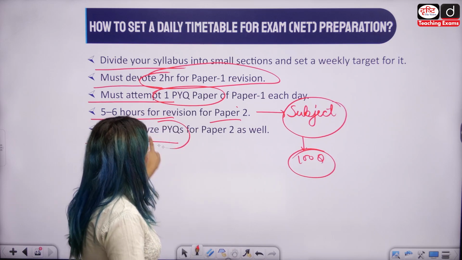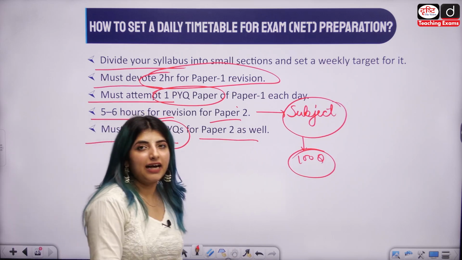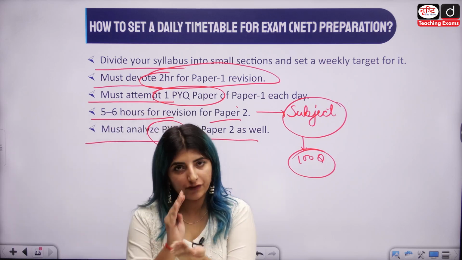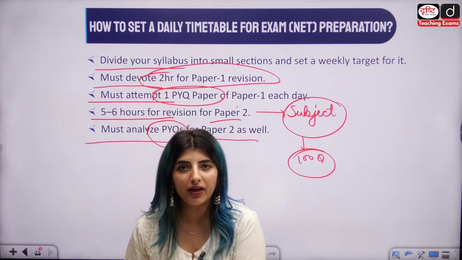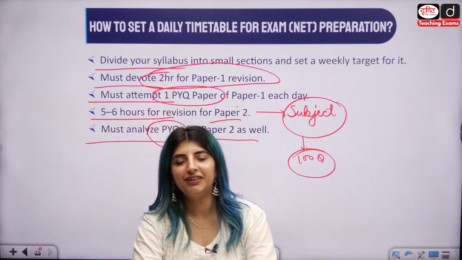Must analyze PYQs for paper 2 as well. Correct? So this is the strategy. According to the revision, the timetable might vary, but the major chunk I have tried to incorporate in this particular video.